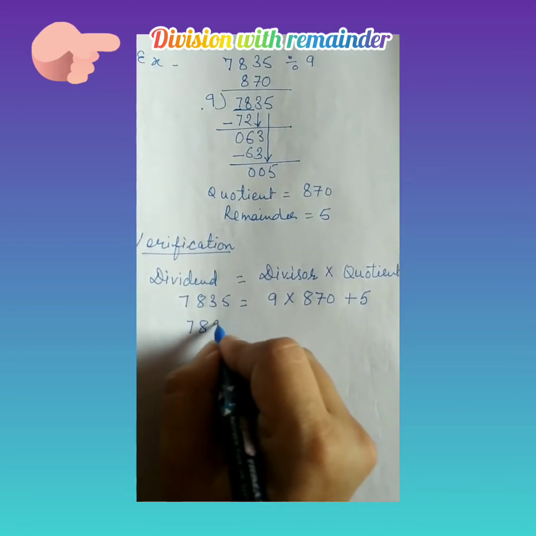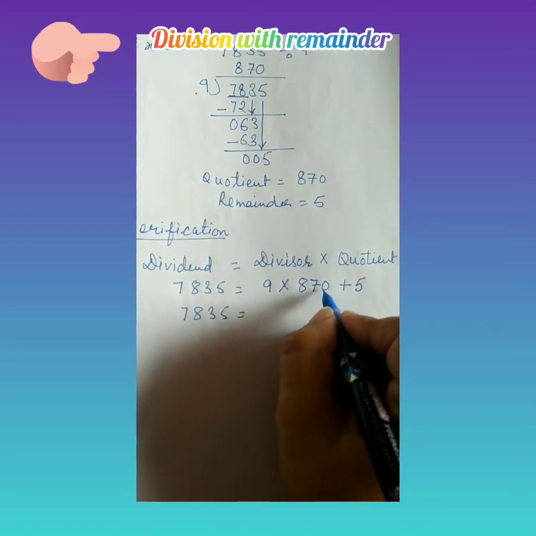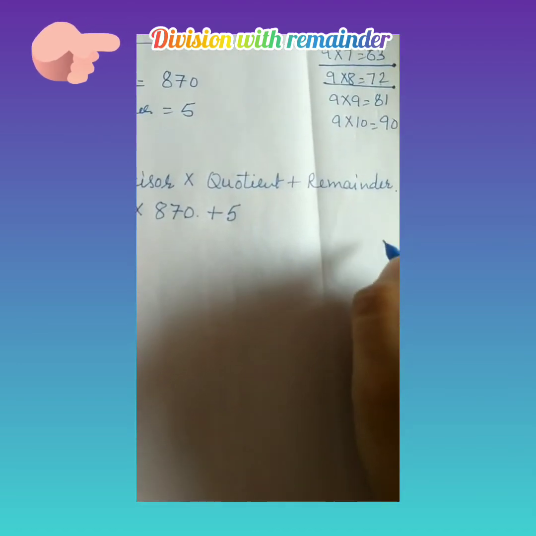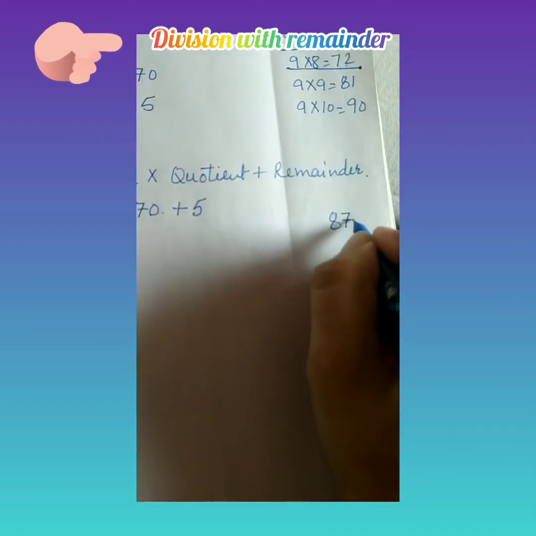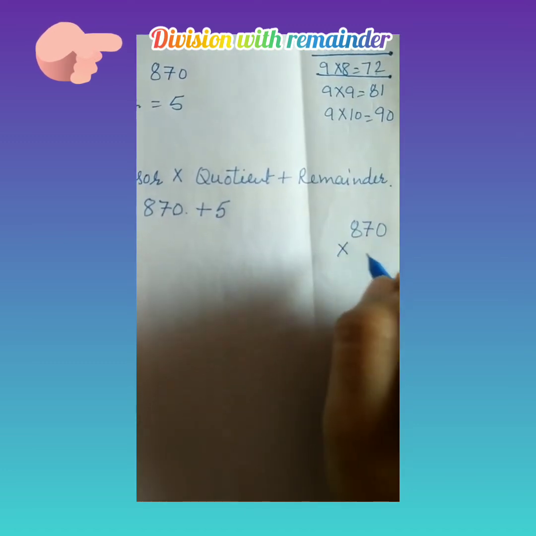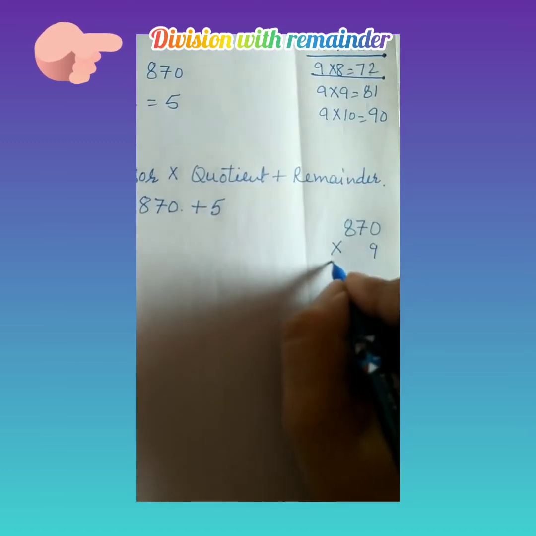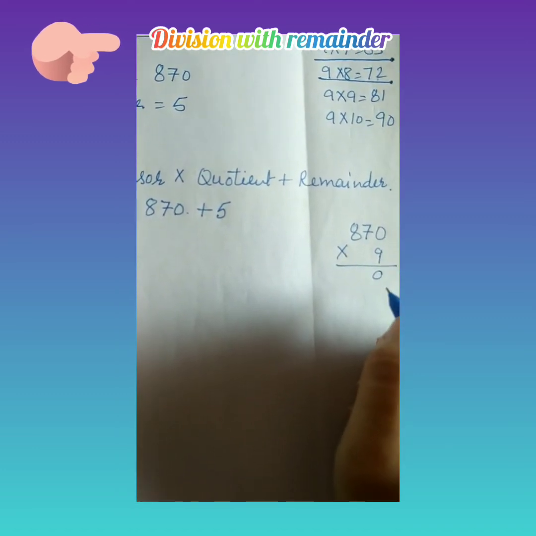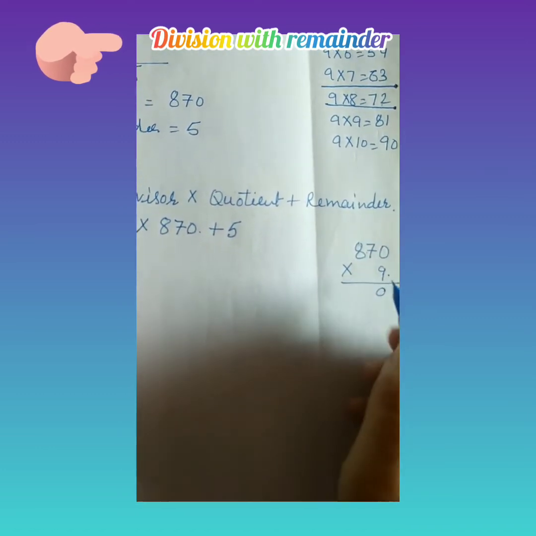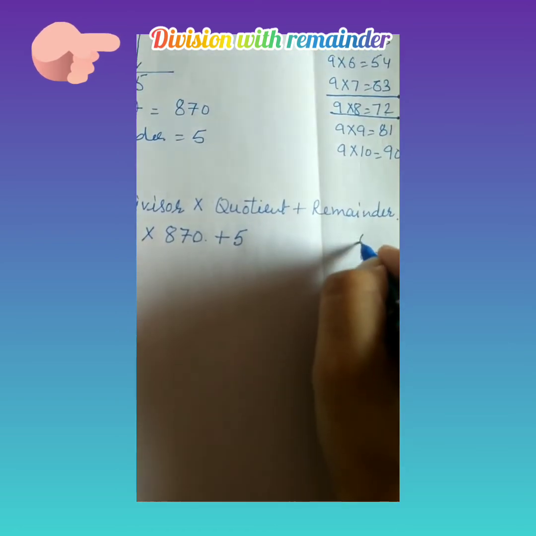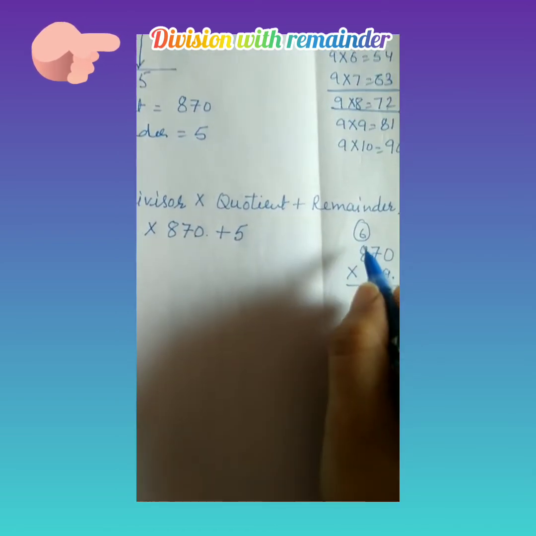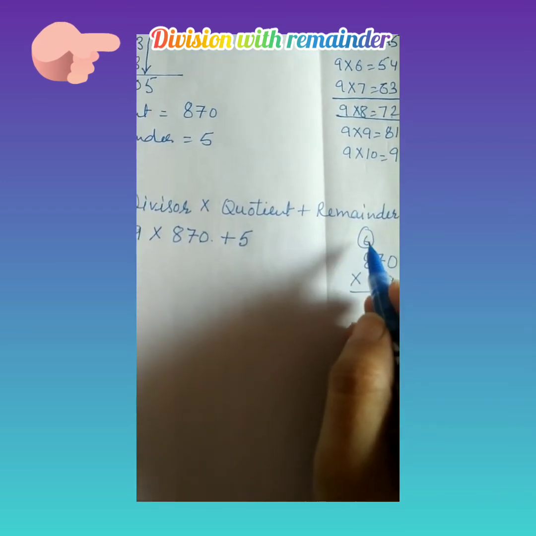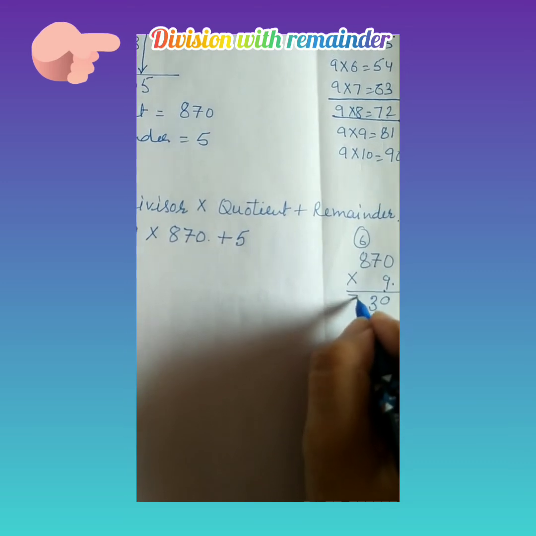Now let's check. We have to multiply 870 by 9. So let's do it in rough column. 870 multiply by 9. 0 times 9 is equal to 0. 7 times 9 is equal to 63. 6 carry over. 8 times 9 is equal to 72. 72 plus 6 is equal to 78.